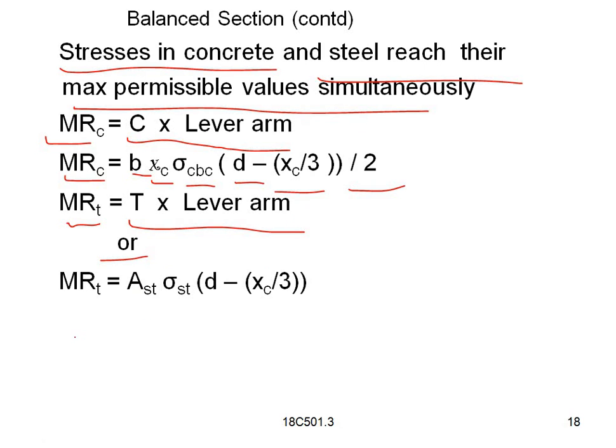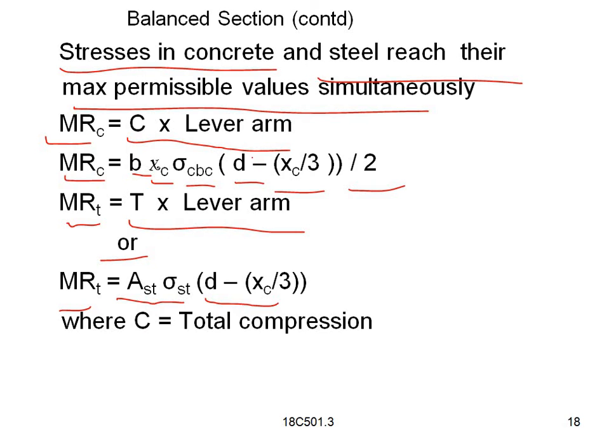or MRT is equal to AST sigma ST into D minus XC by 3. So these are the balanced section formulas, where C is equal to total compression and T is equal to total tension.